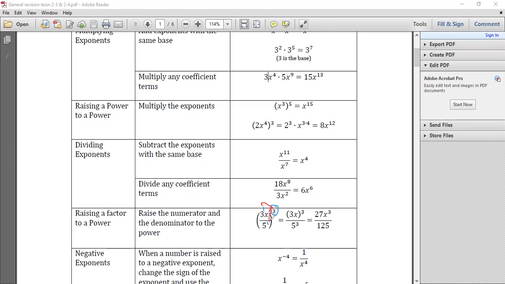Even if you have a fraction, which consists of a numerator and denominator, we have to distribute the exponent over all of them. Then it will be 3 to the power of 3, which is 27. And x, 3 times 1, will be x to the power of 3. 5 to the power of 3 equals 125. Understood this part?